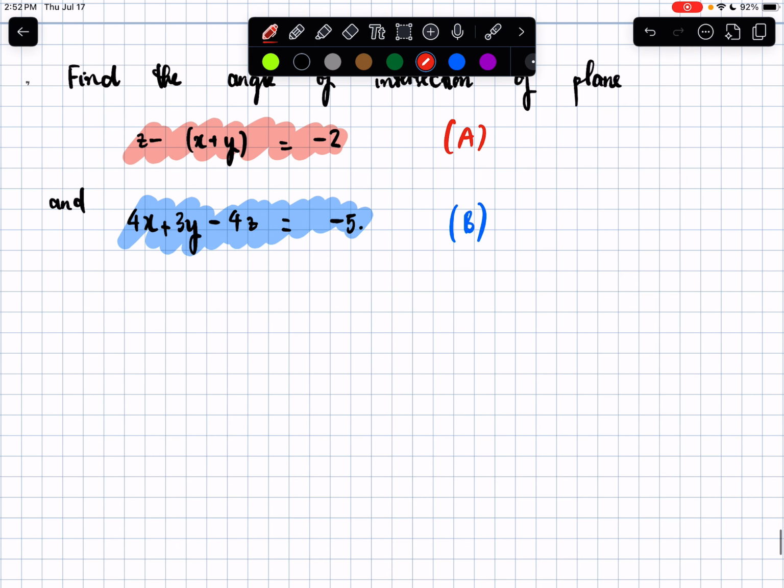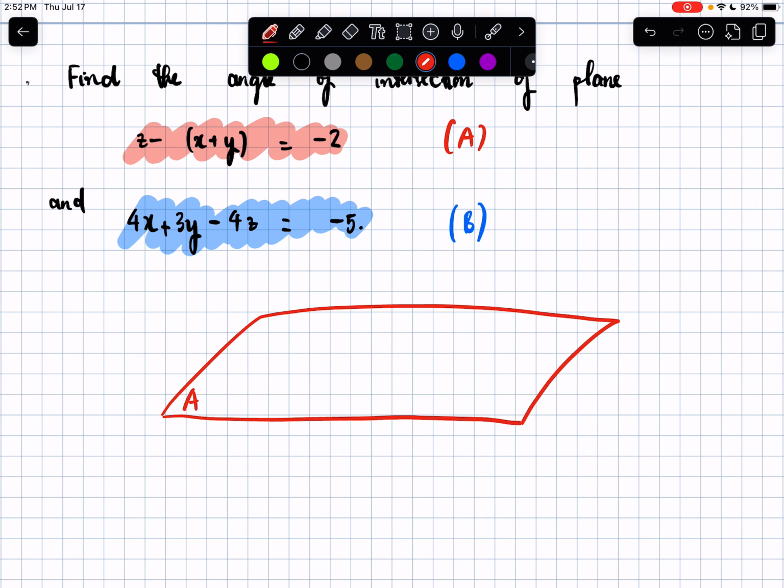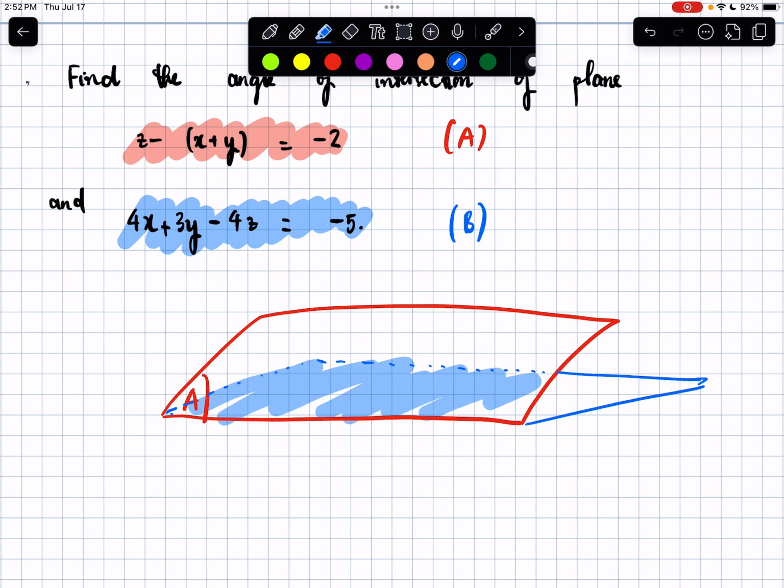So say A is this plane, and B is this plane. So here's B. So they intersect at this line.